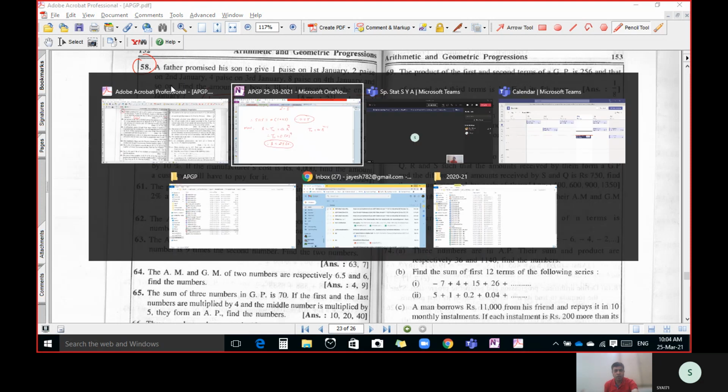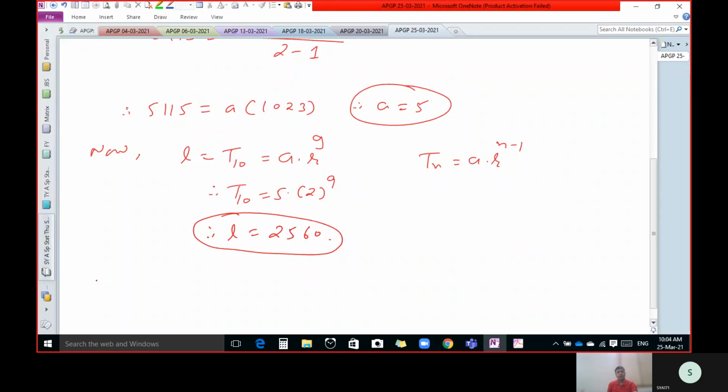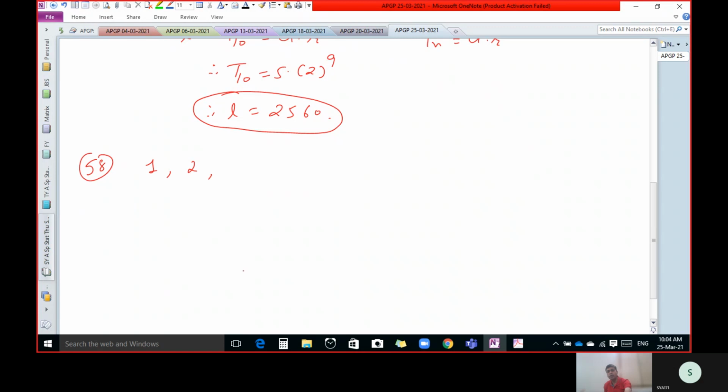So we have to find the total amount he will get at the end of January if he received 1 paisa the first day, 2 paisa the second day, then 4 paisa the next day, 8 paisa the next day, and so on. So how many days should there be in January? 31. Correct. So total 31 terms are there.